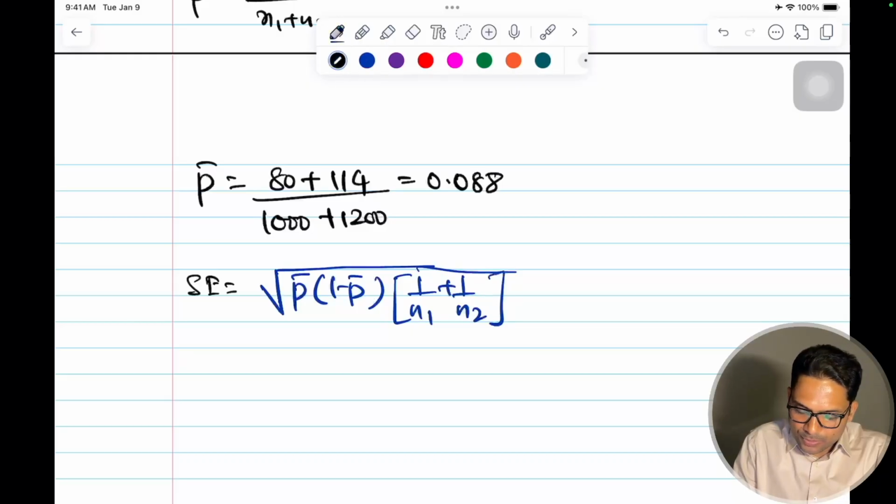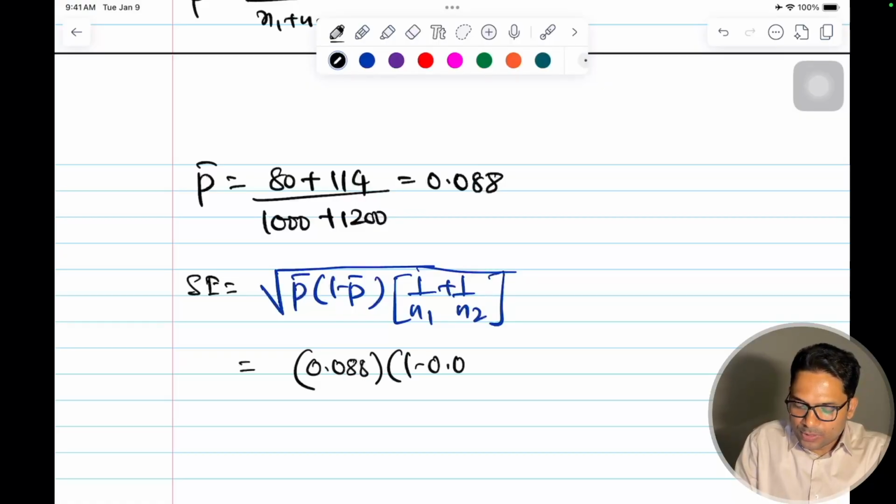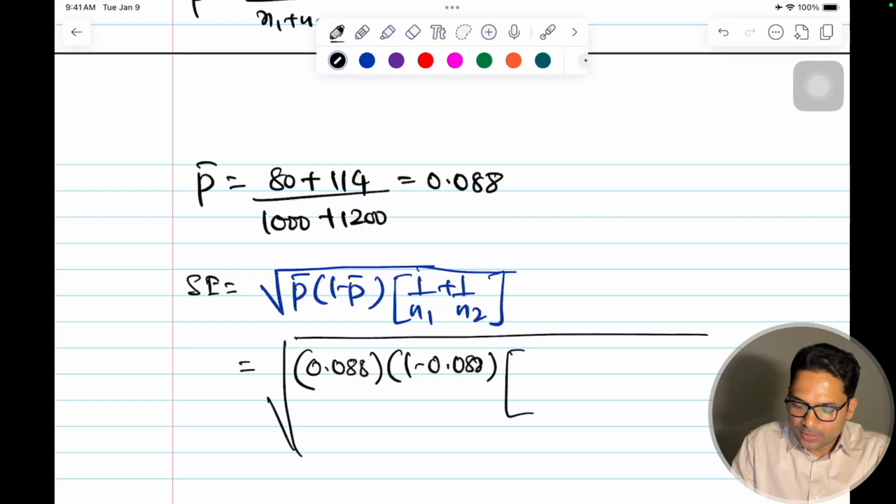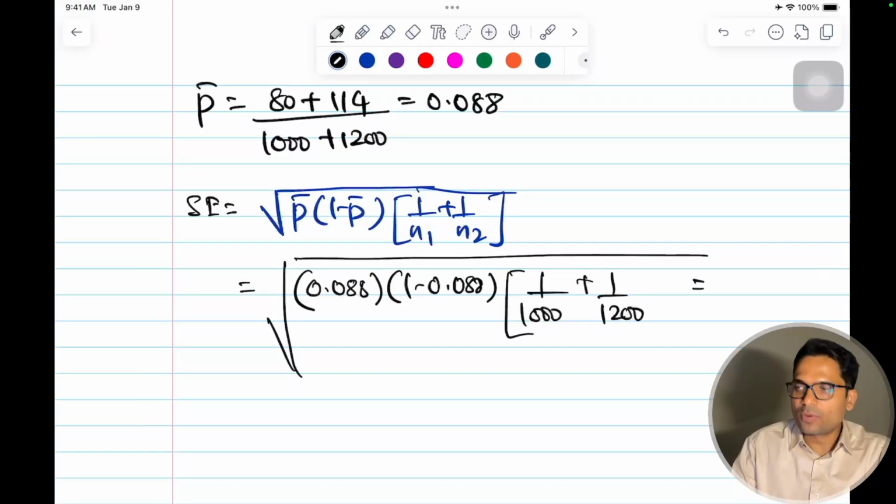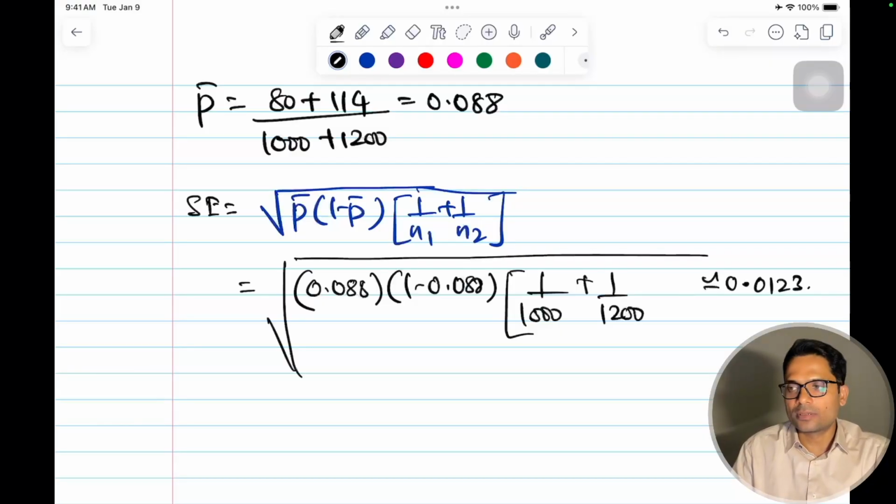So this is equal to P bar, 0.088, into 1 minus 0.088, whole thing under square root, times 1 by n1, which is 1000, plus 1 by 1200. If you compute this, it should come out to be approximately 0.0123. This is just calculator, okay?